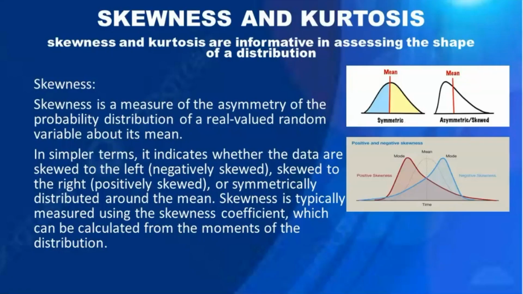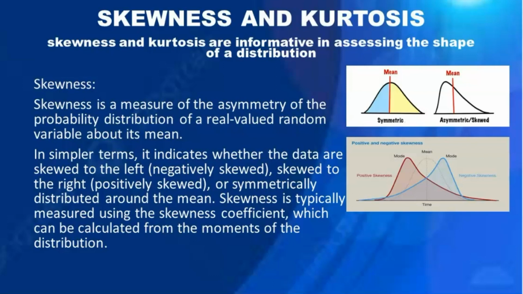Having seen the normal bell curve, there is a concept that is used to explain this bell curve of the probability curve. It's called skewness and kurtosis. What is skewness and kurtosis? These are informative in assessing the shape of a distribution.